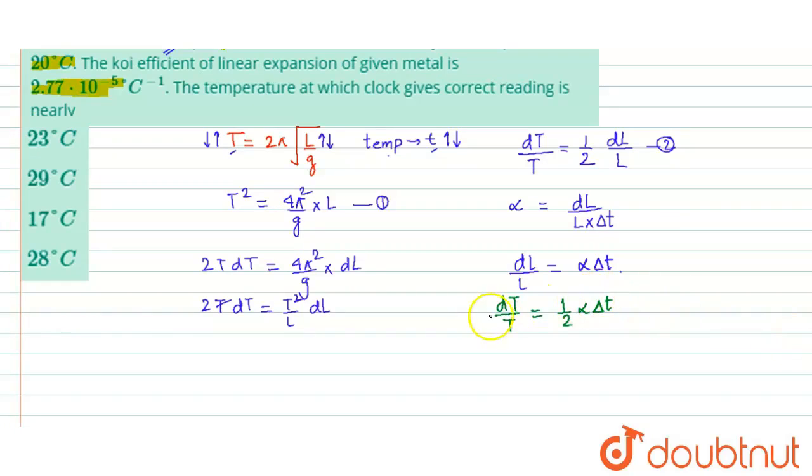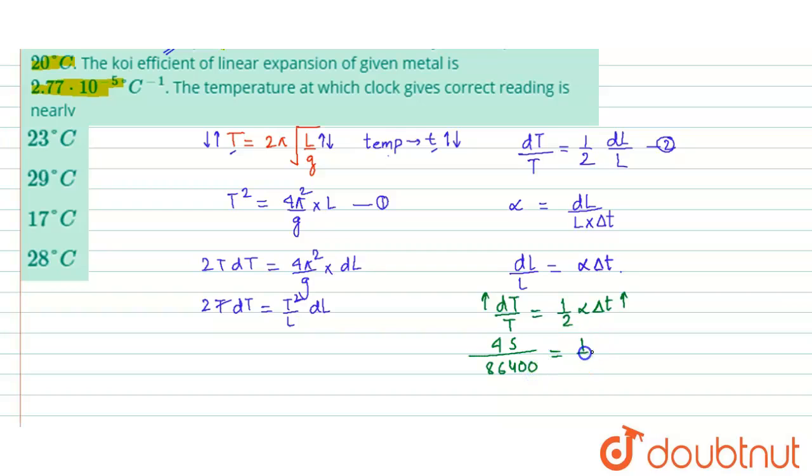You can see there is a direct relationship: if the time period increases, then the temperature has to increase. So let us put the values here. This is 4 seconds fast per day. We will convert the day into seconds since we are taking seconds here. In a day, 86400 seconds are there.